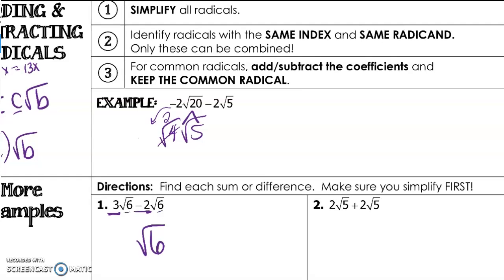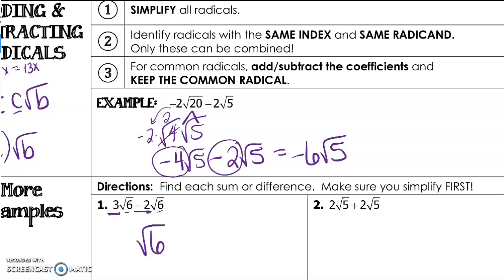So you have a negative 2 out in front, and the square root of 4 becomes a 2. So negative 2 times 2 is negative 4 square root of 5. So our first term is negative 4 square root of 5 minus 2 square root of 5. So now that the square roots of 5 match, we just need to do negative 4 minus 2 to give us negative 6 square root of 5 for our final answer.